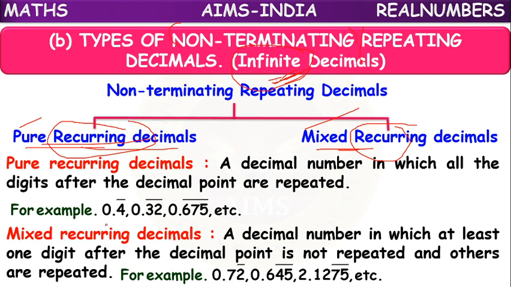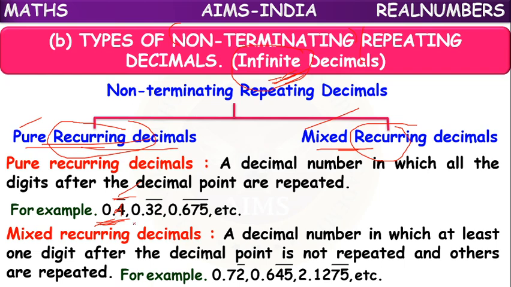Suppose you take decimal expressions like 0.4 bar. Already we have told that bar represents that the digit below the bar will be the recurring part. 0.4 bar means 0.44444 like that. Under the bar, after the decimal point, all the digits are repeating.